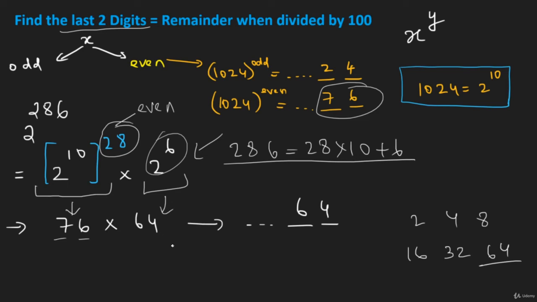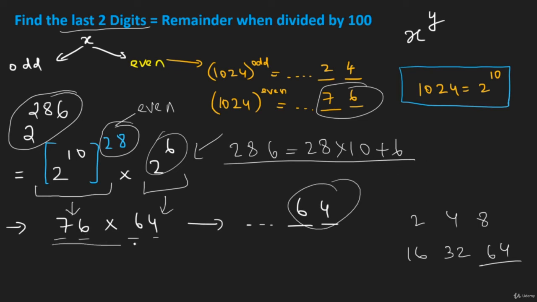The whole number is 64 in this case only, but I am only required to consider the last two digits. And then if I do 76 into 64, if you do the multiplication, you will see that your answer will end in 64, and therefore 2 to the power 286 will end in 64. The last two digits will be 64.